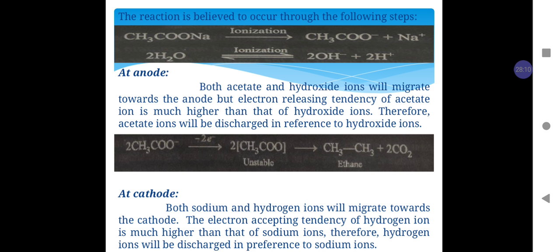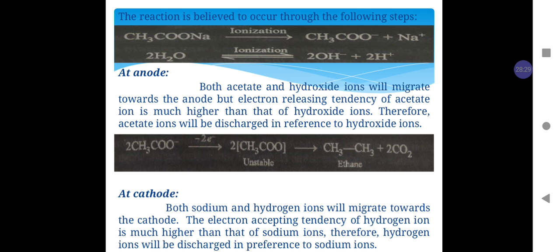Similarly, water is also ionized on passing electricity, but it is a weak electrolyte, hence it ionizes to a smaller extent than sodium acetate, which is a strong electrolyte.